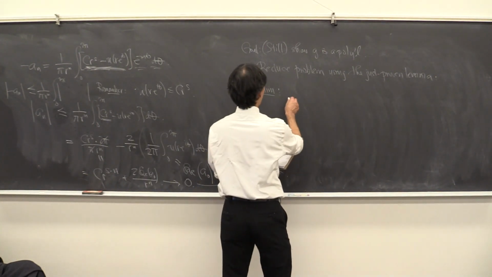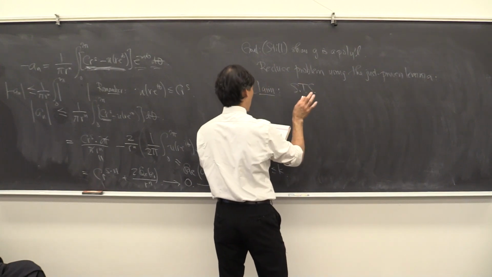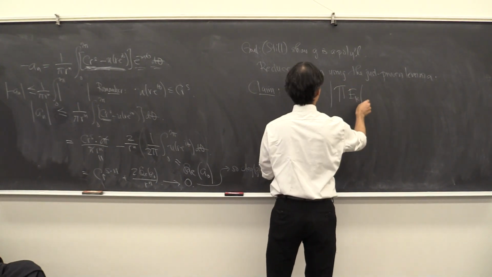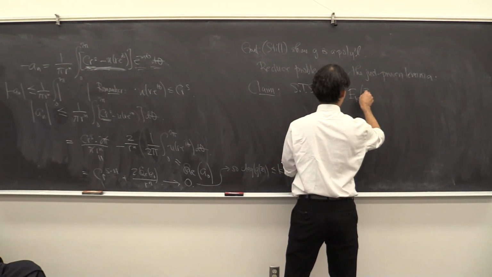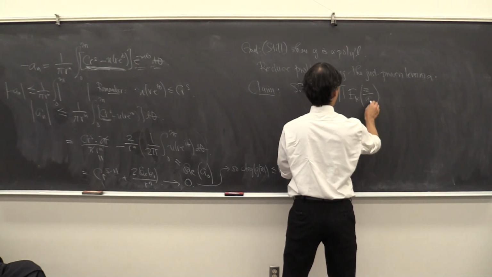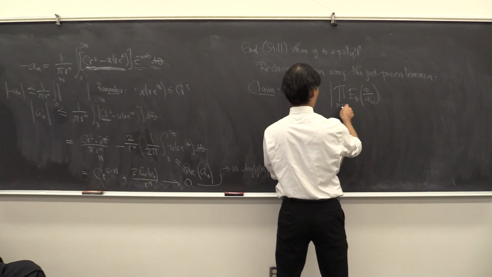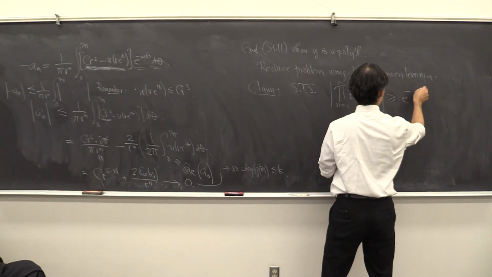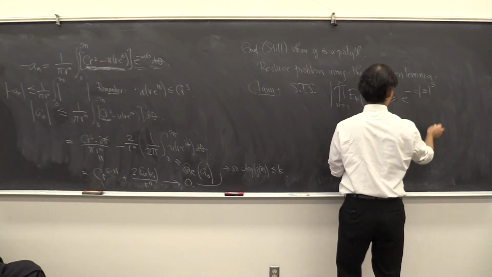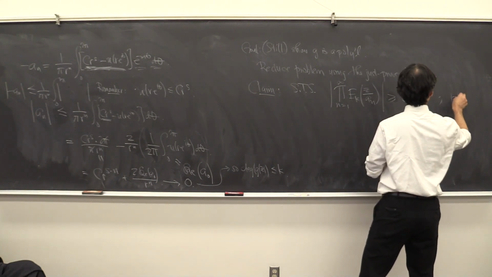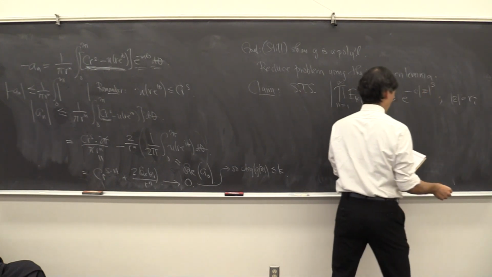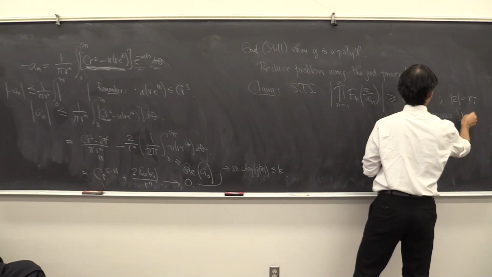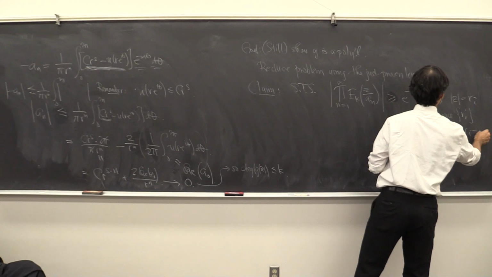So the claim is that we'll be done if we can get this kind of bound: e to the negative c s for z of size r sub i, for a sequence r sub i that goes up to infinity.